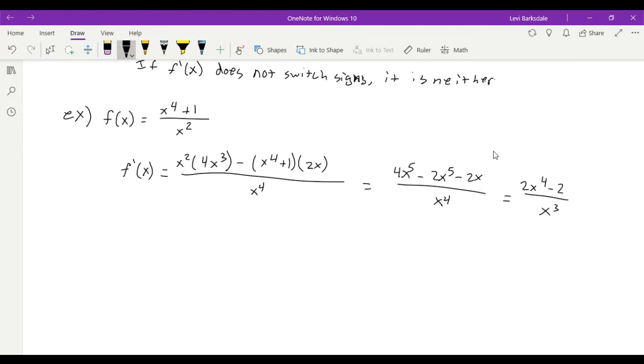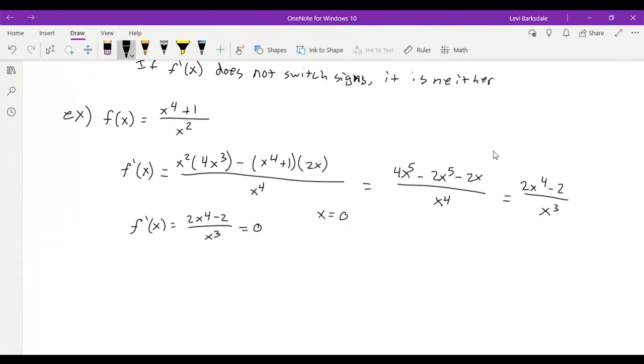And if we went ahead and set this equal to 0, we can look for points where either this one is 0 or undefined. So right away we can tell if our denominator is 0, our function is undefined, so one of our critical points is x equals 0.